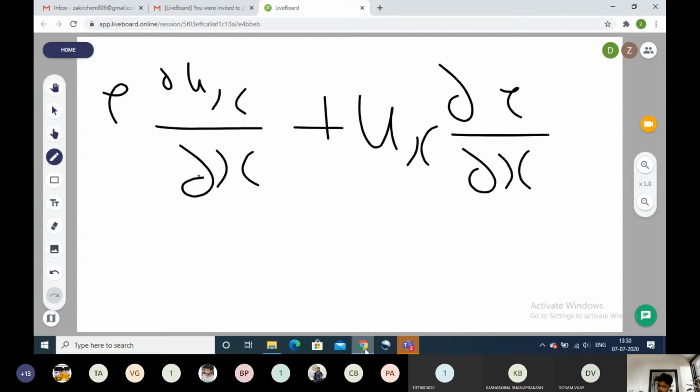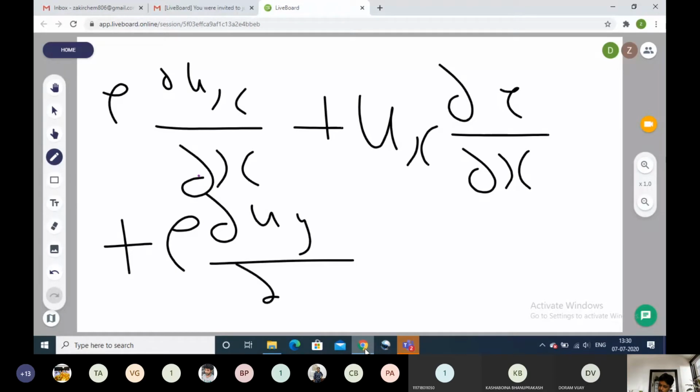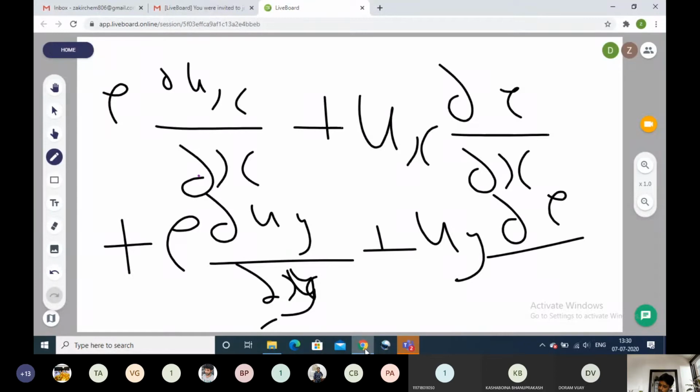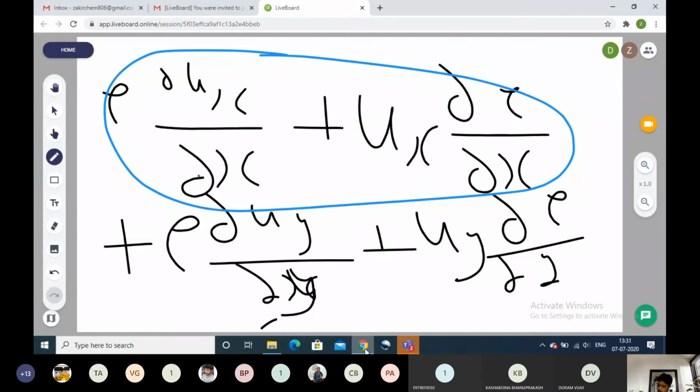Similarly, for the y component in equation 16, we have to write rho into dou uy divided by dou y, plus uy into dou rho by dou y. It is simple, because when we write for the x component, we just substitute y and z with respect to the other variables.